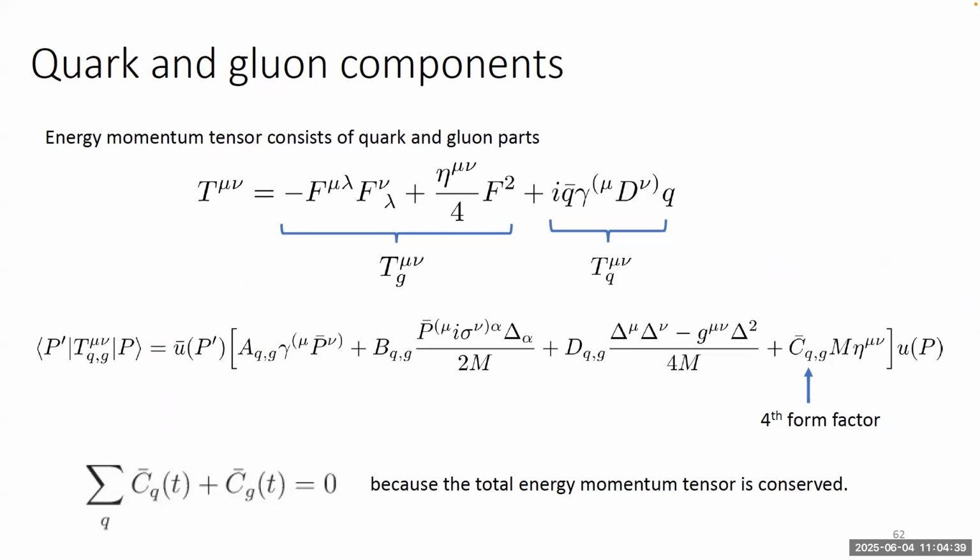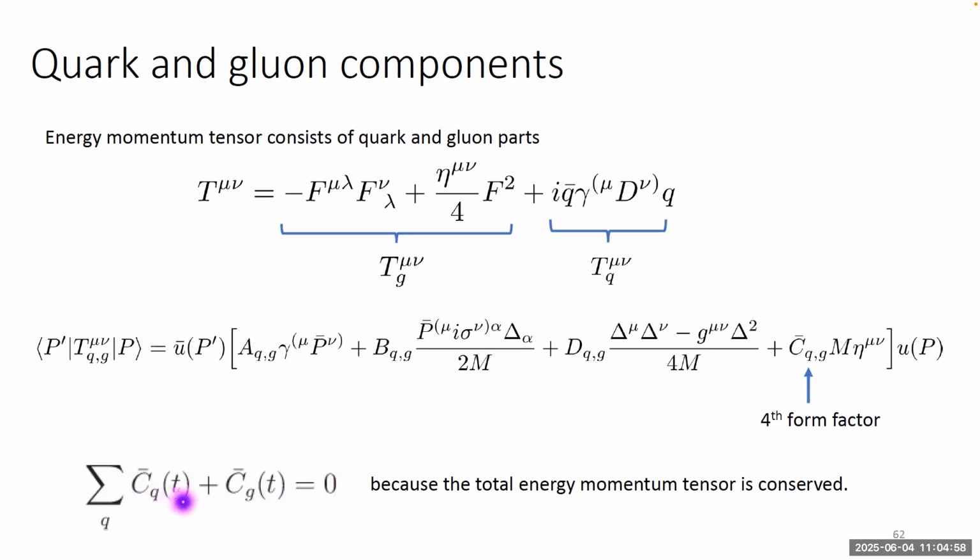And because it's not conserved, you can have an extra form factor here, which is proportional to g mu. Sorry, I'm using different notation, eta mu, but it's basically g mu. This form factor is there, but it has to vanish once you go back to the total energy momentum tensor.